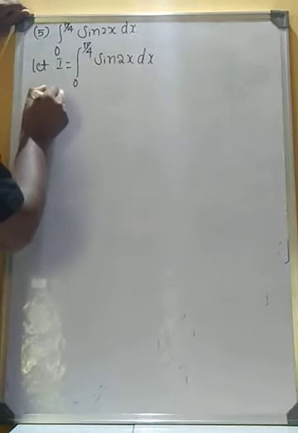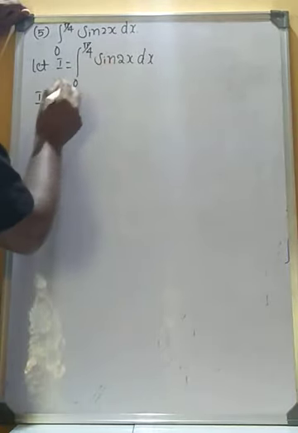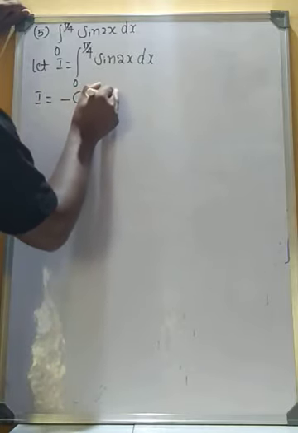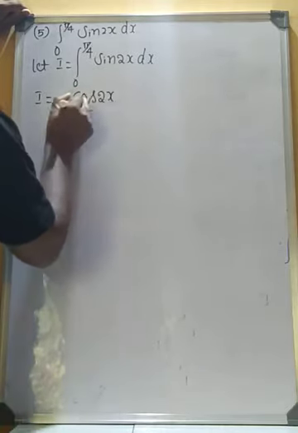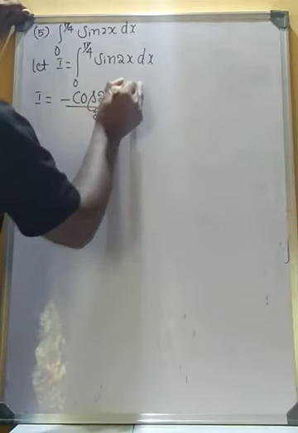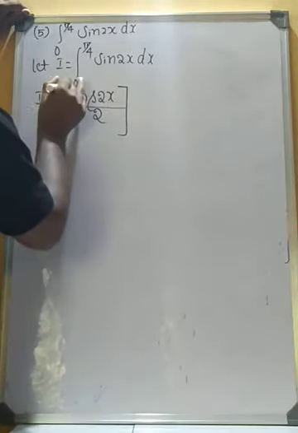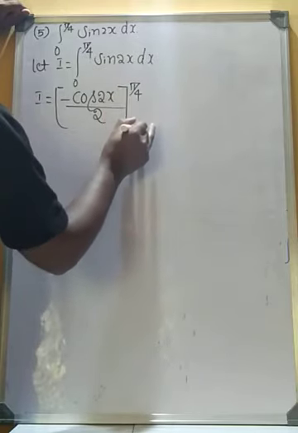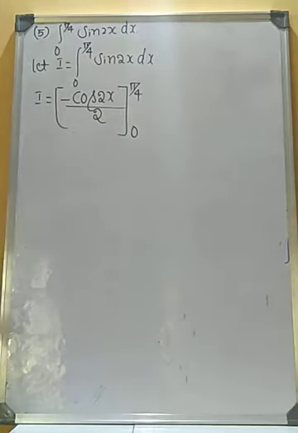Therefore I equals integral of sine 2x is minus cos 2x dividing by 2. Upper limit is pi by 4, lower limit is 0.